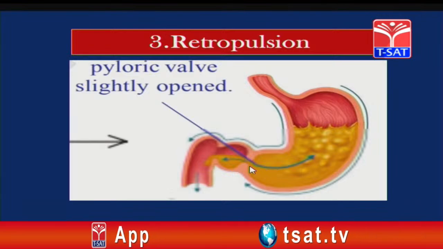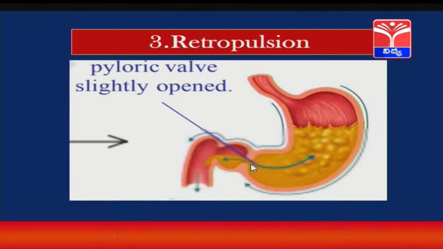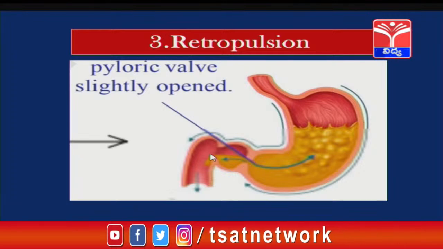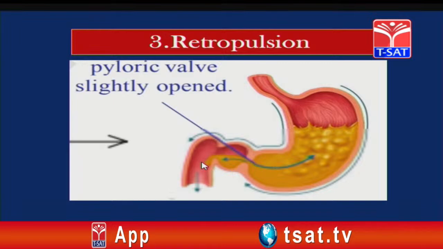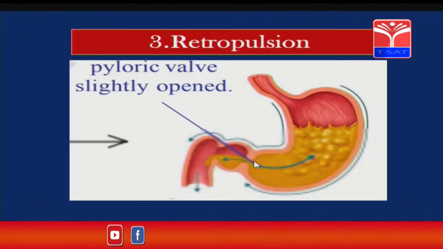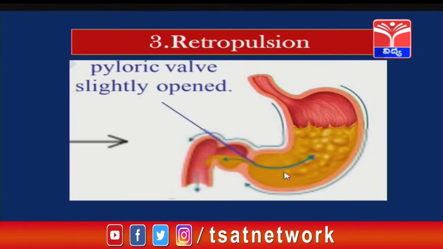This relaxation of the pyloric valve allows the chyme in minute quantities into the first part of the small intestine, which is called the duodenum. Only small amounts of chyme are allowed to enter the duodenum from the stomach. Immediately the pyloric valve gets closed and all these contents are reversed back into the stomach.